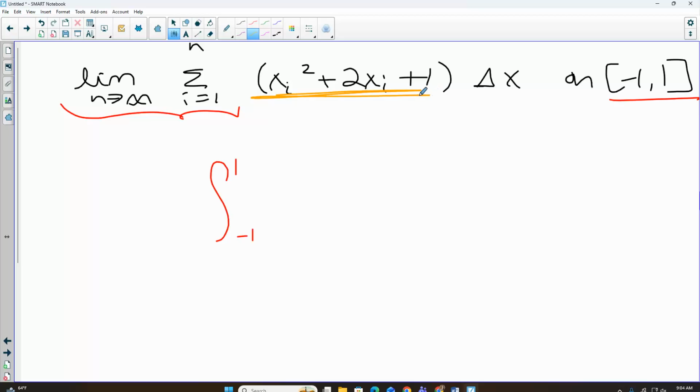This piece is our function that we're integrating. The only thing is you take away the sub-i's. So it's just x squared plus 2x plus 1. And final thing, what does change in x turn into? Dx, because an integral always has a dx. I didn't ask you to calculate anything, so that's it.